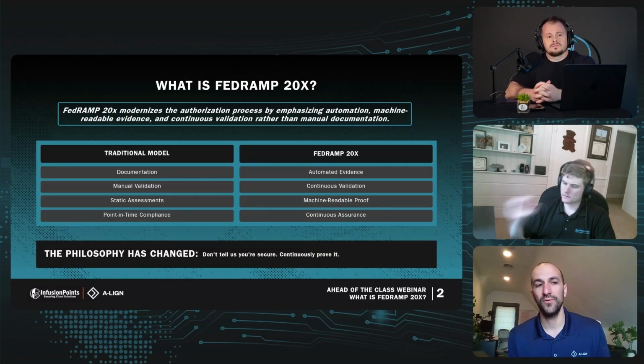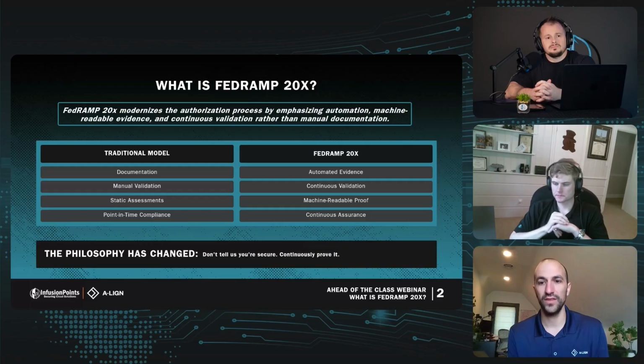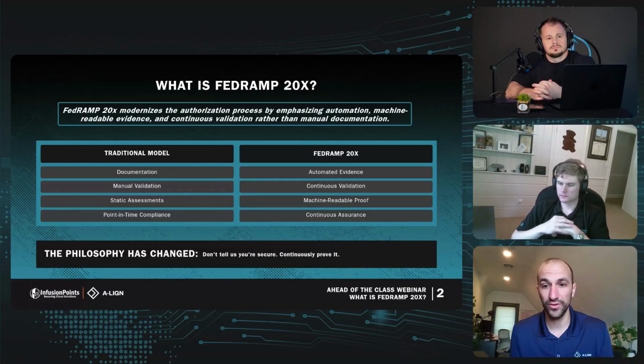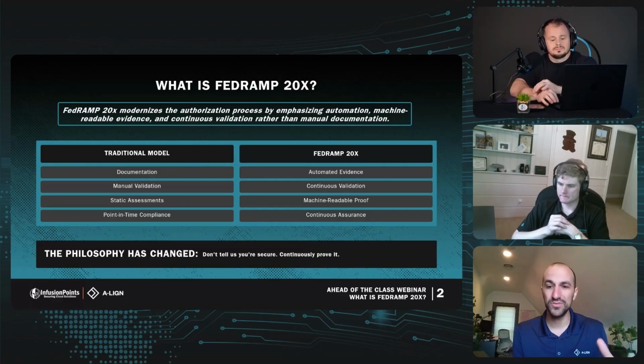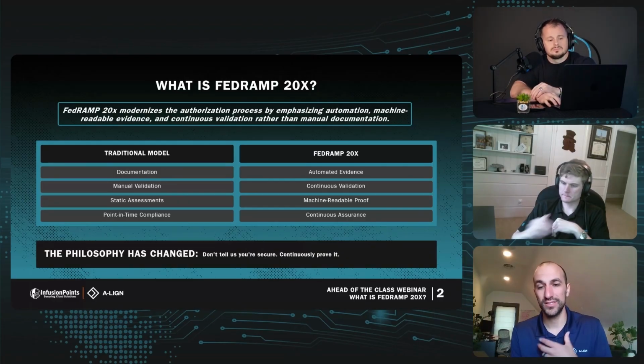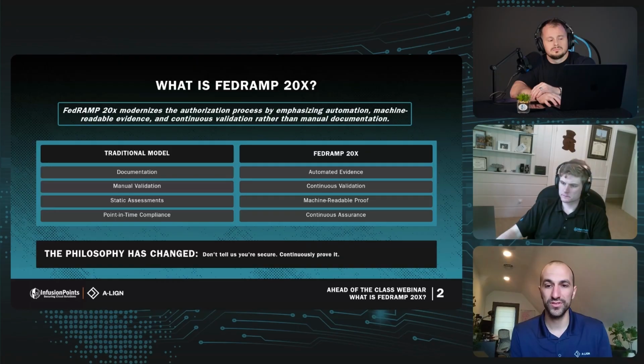So as 20x was coming online, we just leaned further into it. We're like, great, we've already built a platform that has a lot of these types of capabilities. So our Ascend platform, you'll see it on the FedRAMP marketplace as well. We went through the pilot phases, as I know InfusionPoints did as well. So we continue to lean into it.